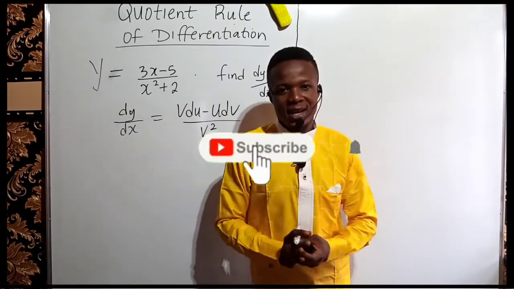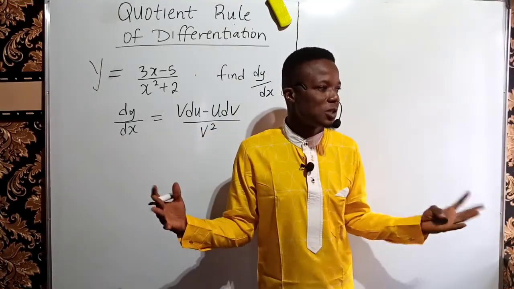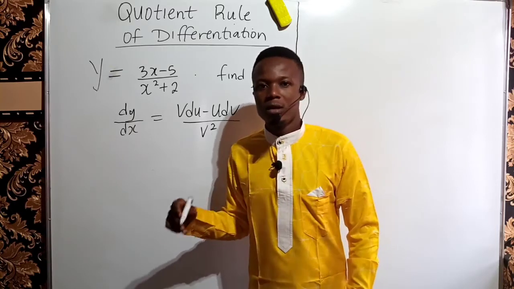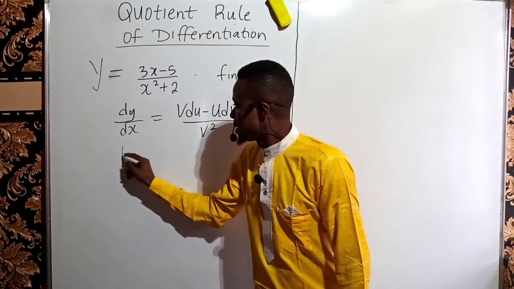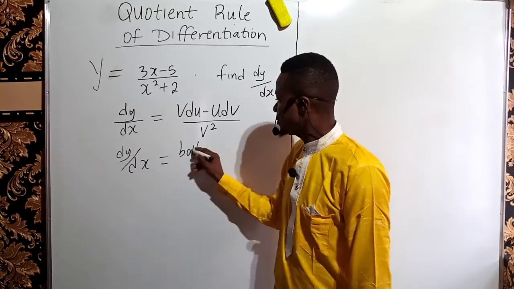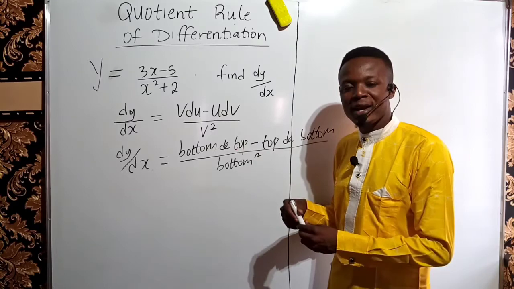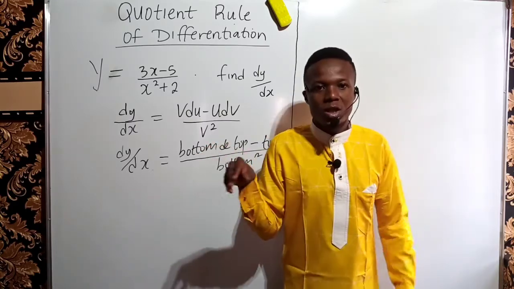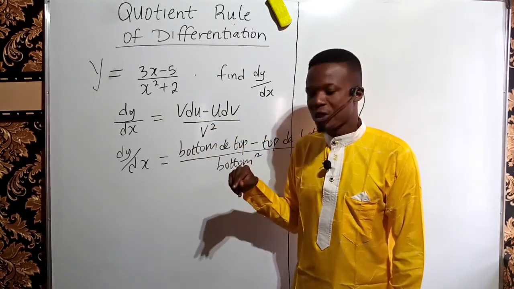Look at what I used to remember this quotient rule, because sometimes the formula may seem confusing and will not be so easy to remember. Therefore, I always write that dy/dx is the same thing as, it's funny, bottom d-top minus top d-bottom all over bottom squared, where d means differentiation.